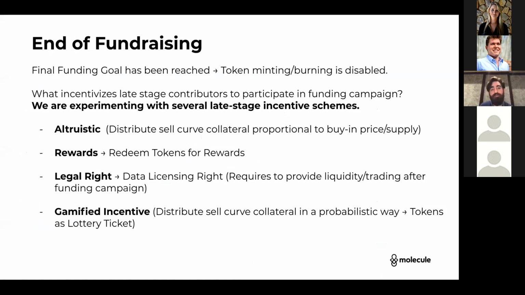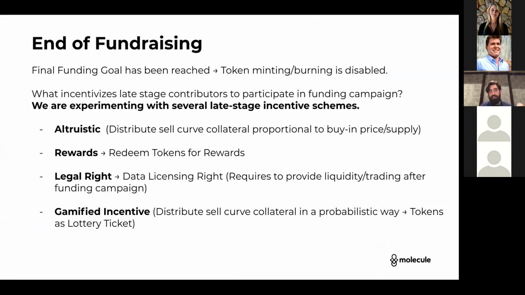So when the final funding goal has been reached, token minting is stopped and burning is disabled. And what incentivizes people who have already funded these campaigns to hold on to their tokens? So for the collateral that's been kept in the curve, we're looking at different incentive schemes to promote different types of behavior, depending on what's desired.